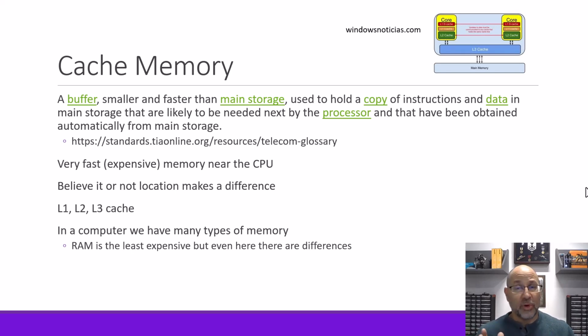Now this is not a computer architecture sort of chat, but if you want to, you can really take a look at registers and how data moves in and out of registers. The fun thing about cache memory, in addition to being fast and expensive and near the CPU, is that it really makes a difference where it is.